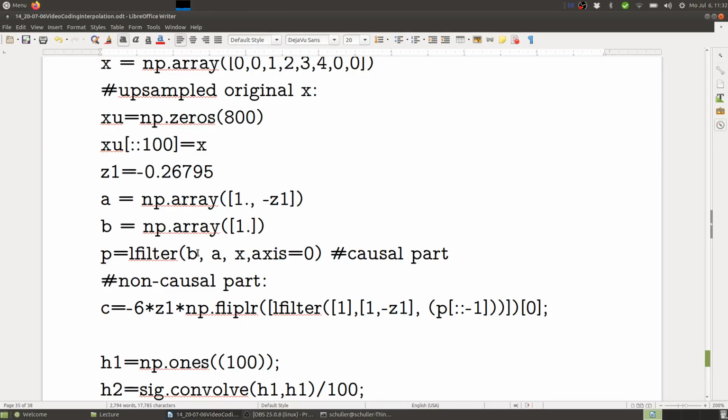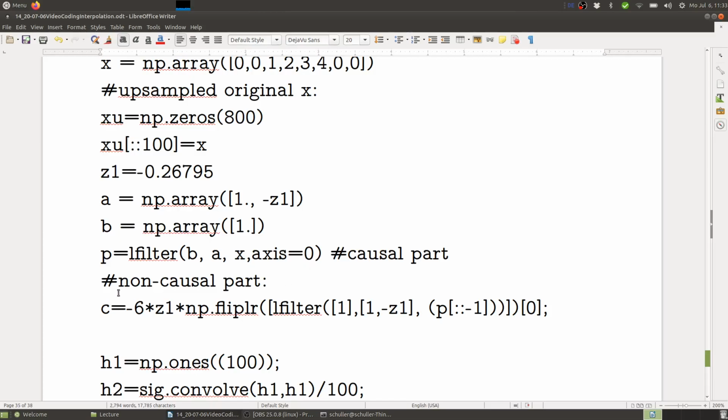Here we have lfilter of B, A. We filter X along axis 0, which means this should go down. It doesn't really matter because we have just one dimension anyway here. So this is the first axis, and in this case we just have one axis. In images we would have two axes, so we would apply this filter sequentially, horizontally and vertically.